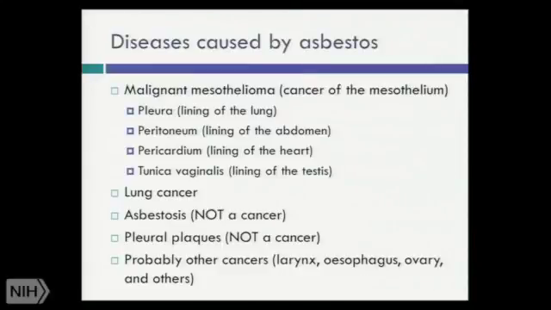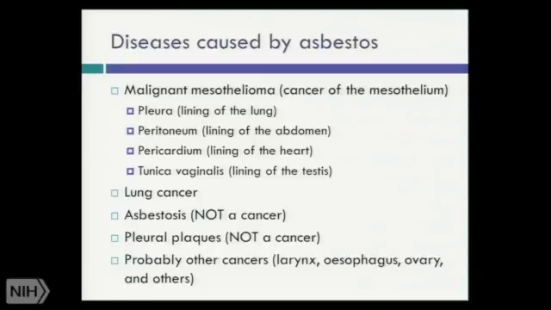So what diseases are caused by asbestos? Well, we're all here today to talk about malignant mesothelioma, which is the cancer of the mesothelium. But that is in the pleura, the lining of the lung, also the peritoneum, the lining of the abdomen, and more rarely in the pericardium, which lines the heart, and the tunica vaginalis, which lines the testes.